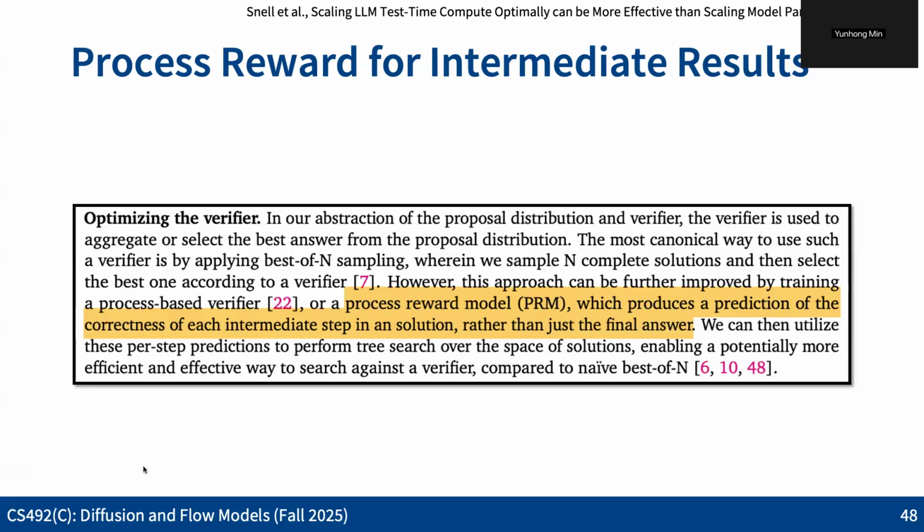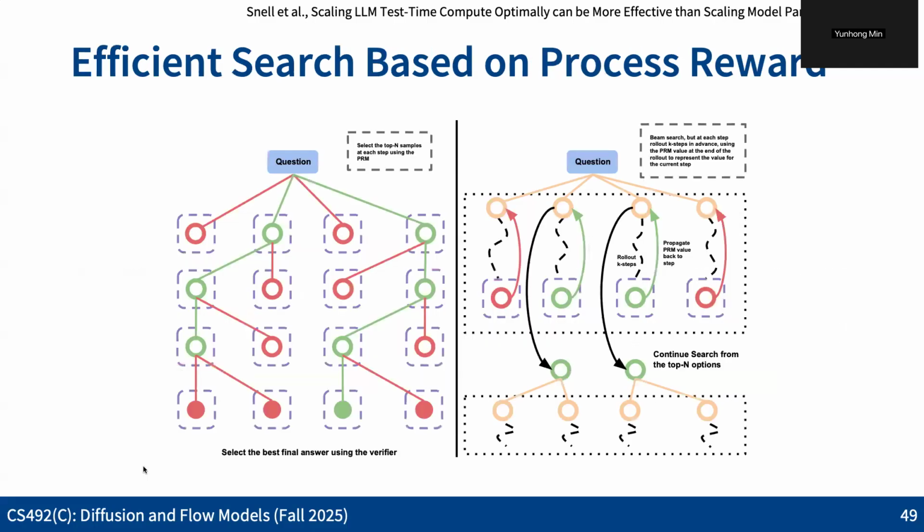So for those cases, when you have some kind of process reward, we can consider leveraging this to make the generation process more efficient, which means that we are making multiple trajectories of the generation, and based on the signal that we are getting from the process reward, we can cut each of the branches, right?